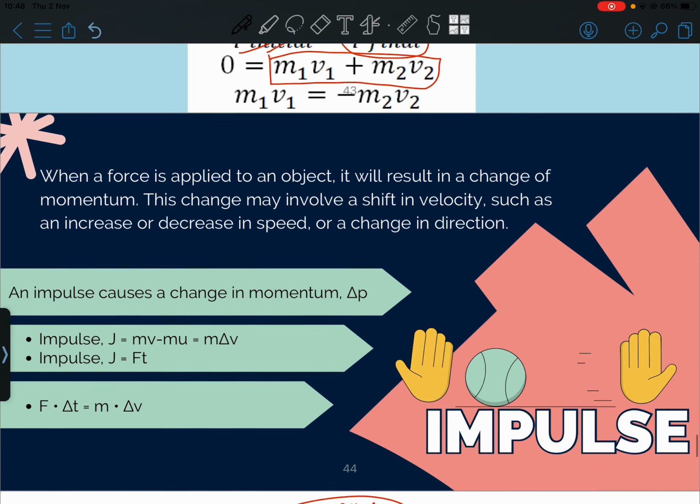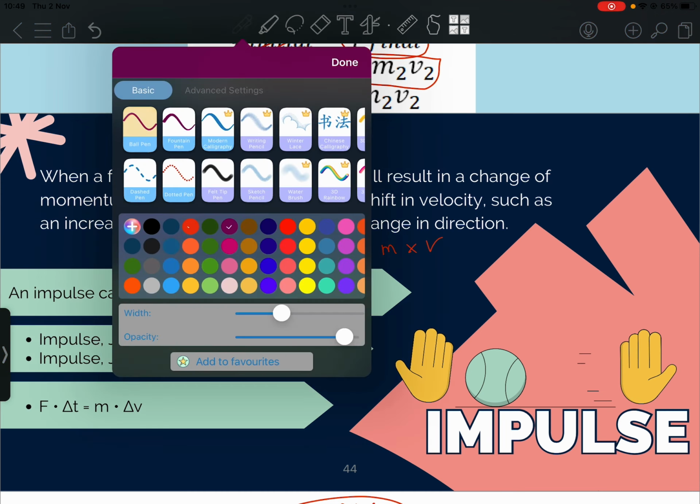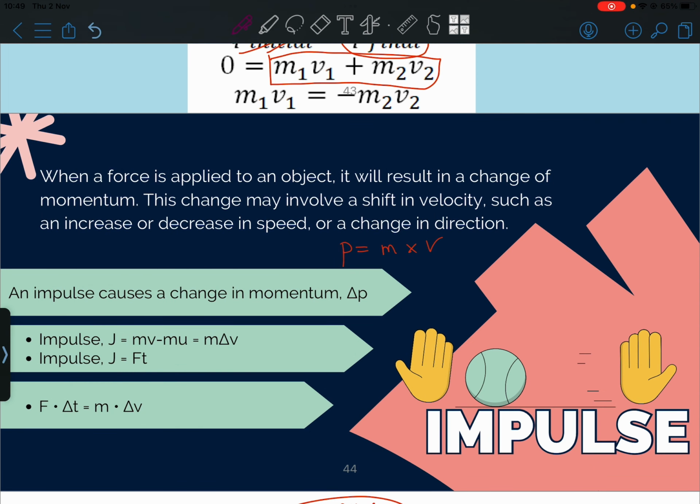Okay, impulse. Next one is about impulse. I want you to remember this phrase: when a force is applied to an object, there will be a change in momentum. This is due to the change in velocity, of course. You know that momentum is P equals M times V. What is the only reason this momentum can change?